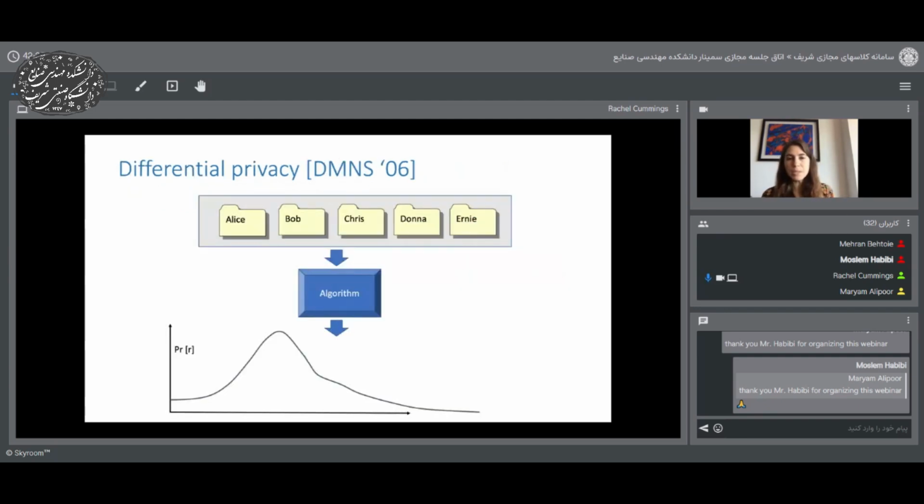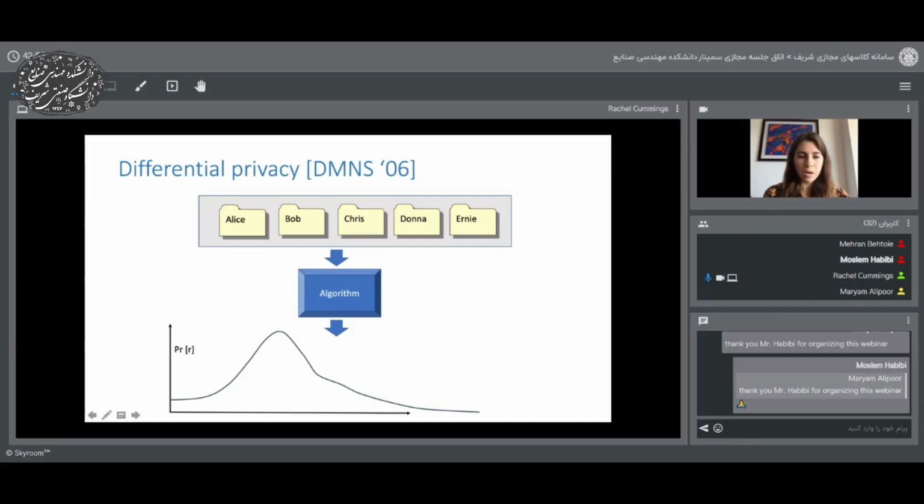And this was defined back in 2006, and this is differential privacy, which was introduced by Dwork, McSherry, Nissim, and Smith. And then in pictures, it says this: take your data set and plug it into your favorite randomized algorithm. And it's important that this is a randomized algorithm, and this will produce a PDF of the outputs.